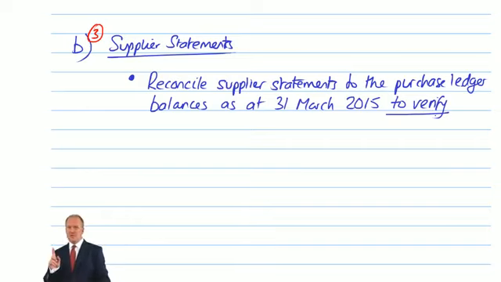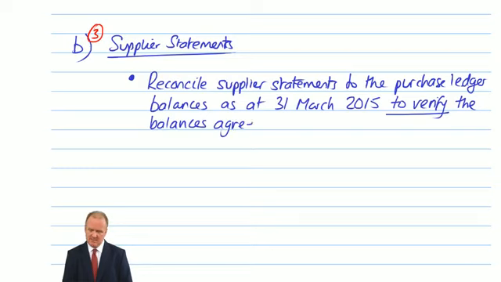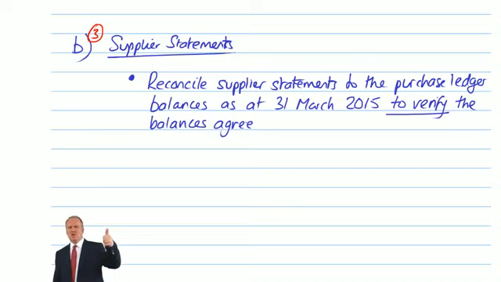Always say why you are doing things: to verify the balances agree. So we're checking valuation of the figures on the purchase ledger to make sure those numbers look right.